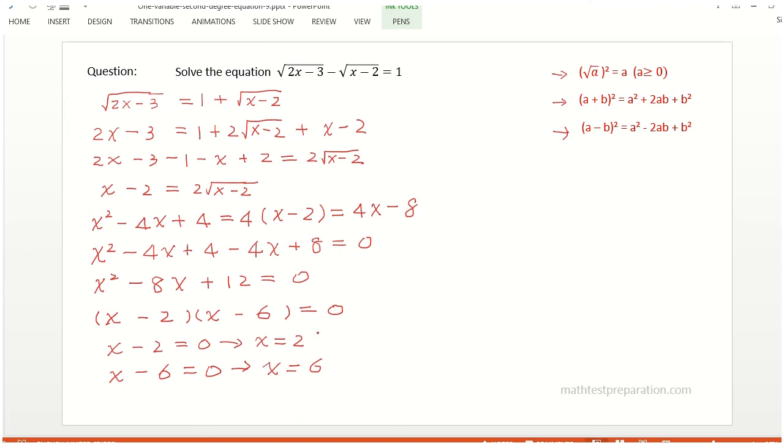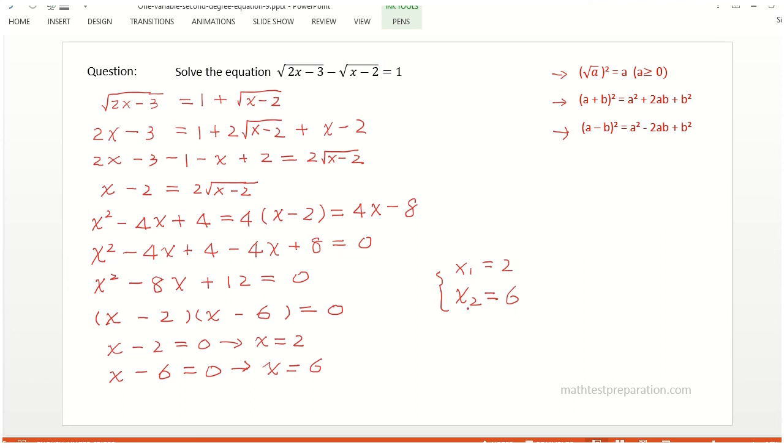So we have x1 equals to 2 and x2 equals to 6. Now we apply x equals to 2 into the original equation. Find left side of the equation equals to right side of the equation. So x1 equals to 2 is the solution of the given equation.